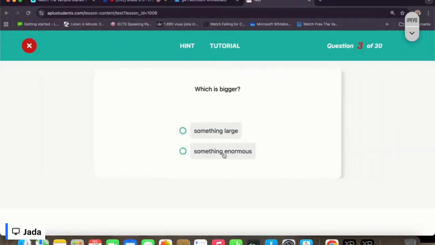Good job. Which is bigger, something large or something enormous?